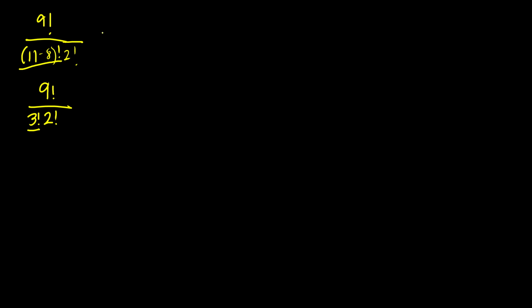Okay? Doon tayo sa first method. Ito na yung gamitin natin, na simplified na version. So, for the first method, 9 factorial muna tayo. So, 9 factorial is 9 times 8 times 7 times 6 times 5 times 4 times 3 times 2 times 1.